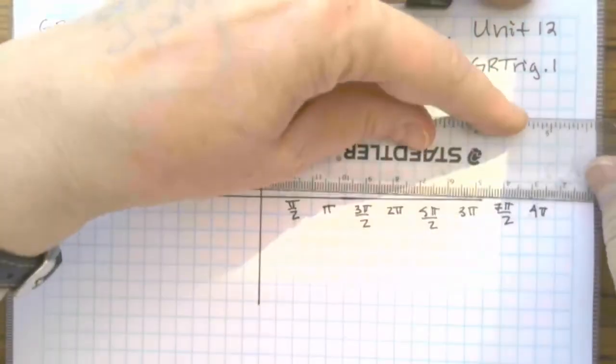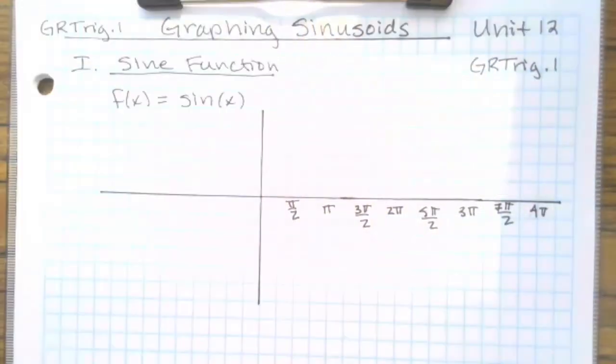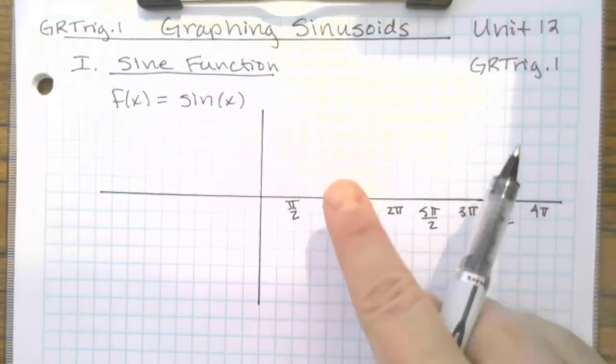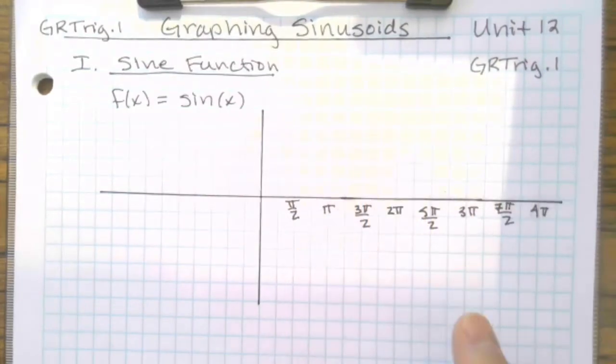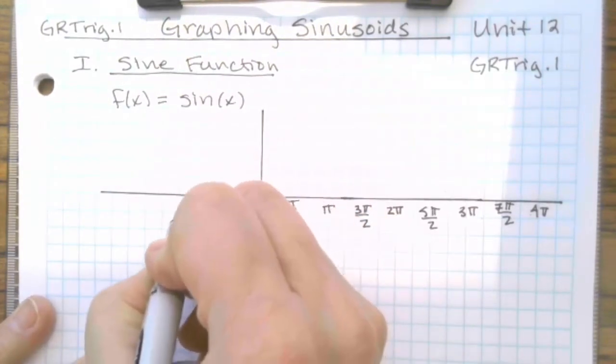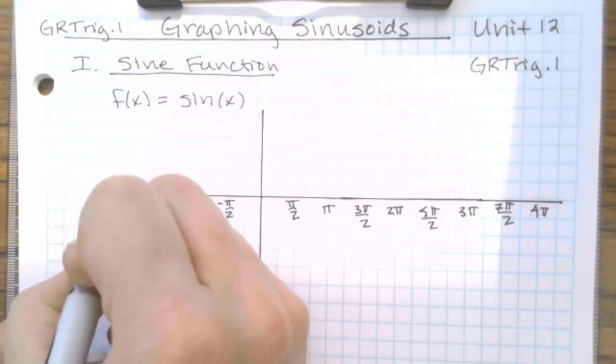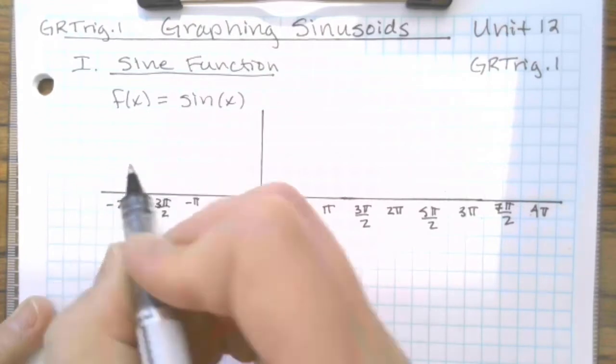So basically we're just counting over. Now if you write the scale out, then you don't have to label every single point with the x-coordinate. In the opposite direction, negative pi over 2, negative pi, negative 3 pi over 2, and negative 2 pi.